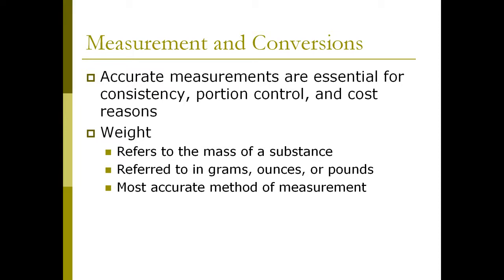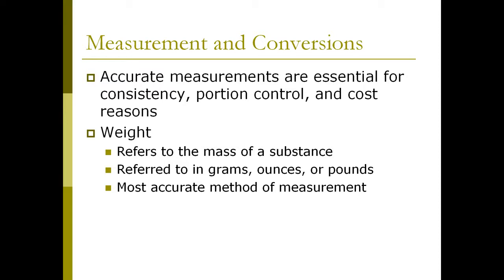Back to our recipes. So we measure our ingredients in a couple of different ways. We do it by weight or we do it by volume. When we're talking about weight, hopefully everyone has dealt with weight at some point. It's the mass of a substance, essentially. We have gravity that makes it weigh a certain thing, but grams, ounces, pounds.